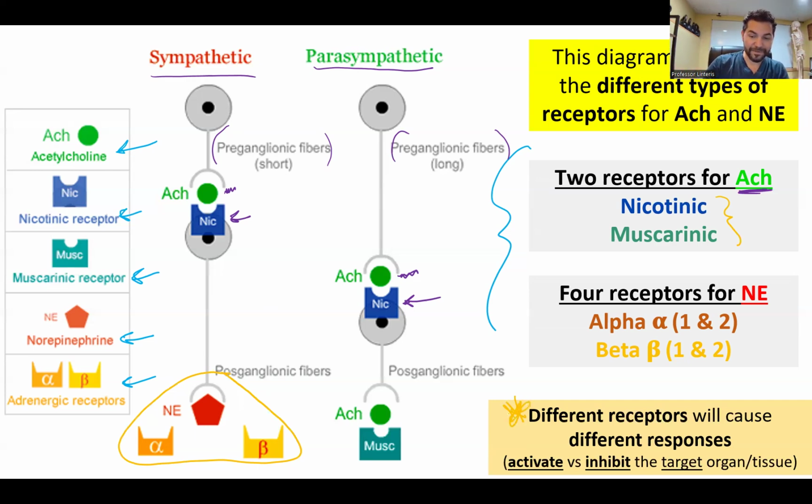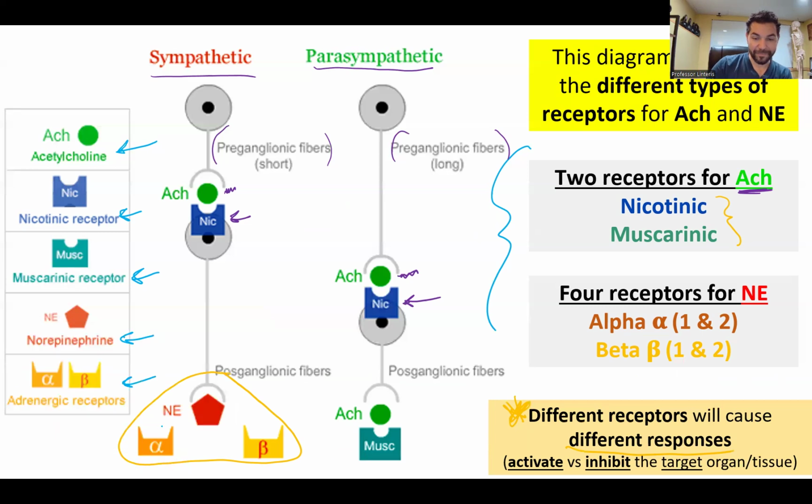Different receptors will cause different responses. Some will activate, some will inhibit. That's how you can control one chemical causing different responses by having different receptors. So I think the last slide will talk about different types of adrenergic receptors, alpha and beta, and we'll summarize it super quick.